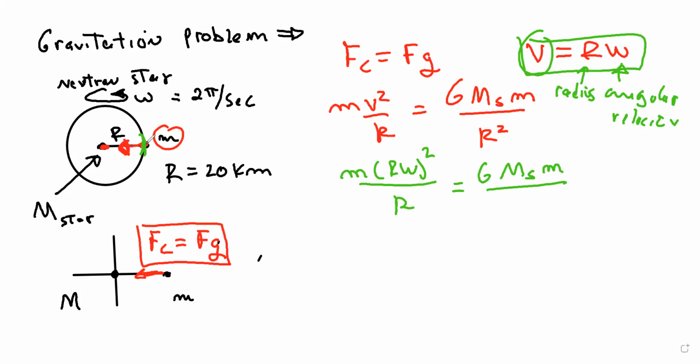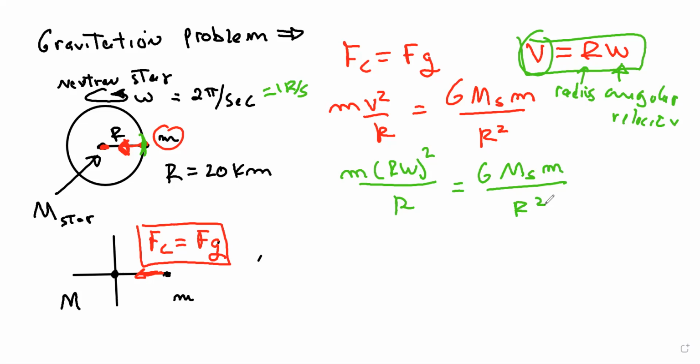You want the particle to be attracted to the center and not thrown away as the star is rotating at an angular velocity of 2 pi per second, which is 1 revolution per second.